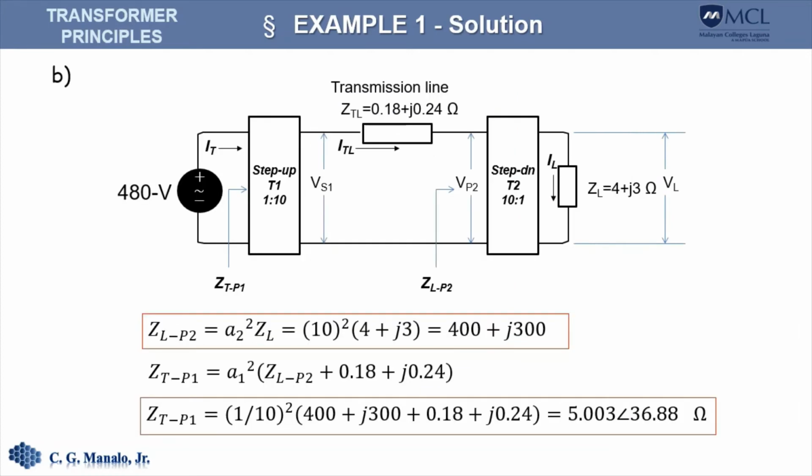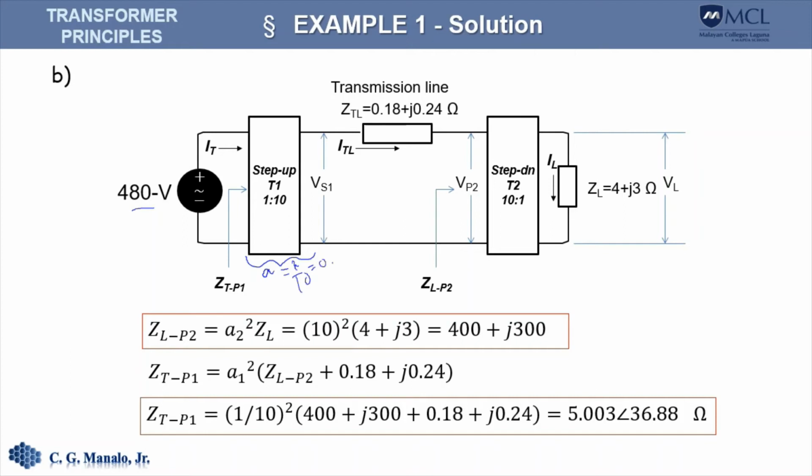Now let's say we do the same transmission, but this time we first step up the voltage of the source using a step-up transformer with a turns ratio equal to 1 over 10.